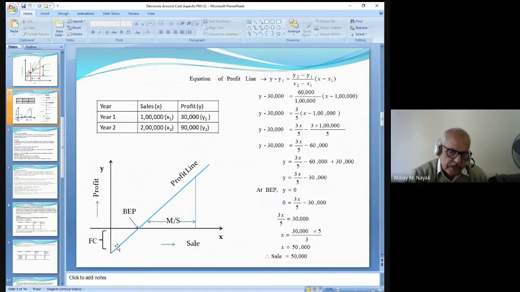Do you get the point? Here you measure the sales, say in rupees. On the y-axis you measure the profit. You draw the graph, x-axis and y-axis.